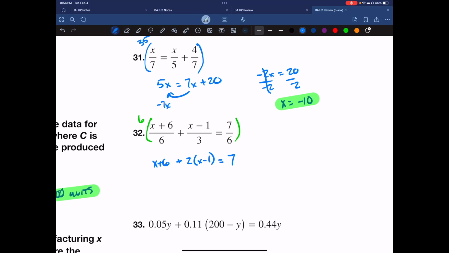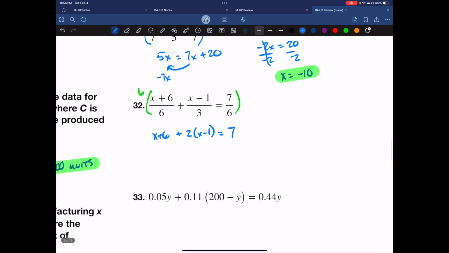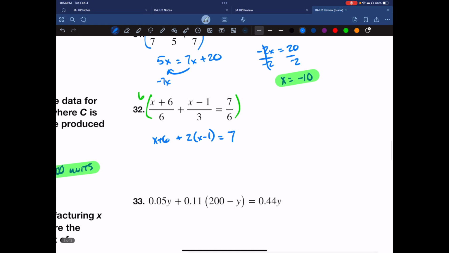Right? Anytime you have something complex like this, you don't want to do too much at once. By multiplying everything by 6, I get rid of my denominator with nothing left to multiply in the first one and the last one, but in the middle one, I have to still multiply by 2. So it's better for you to write that out and then multiply it in the next step than try to do too much at once. So it's going to be x plus 6 plus 2x minus 2 equals 7.